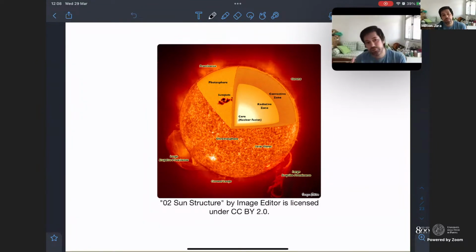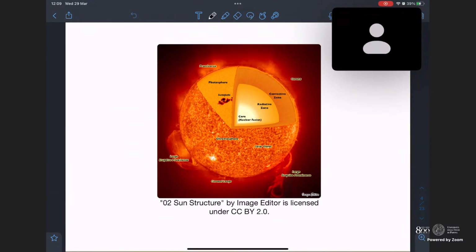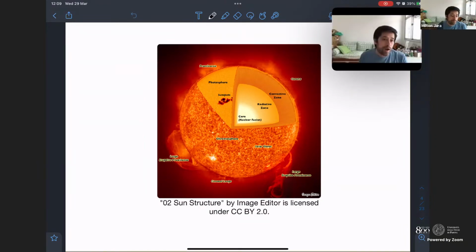So you can think about the sun as a stationary state, but again, it's a non-equilibrium stationary state. In the case of the sun, there are radiative currents, convective currents, etc., that drive the process inside of the star.